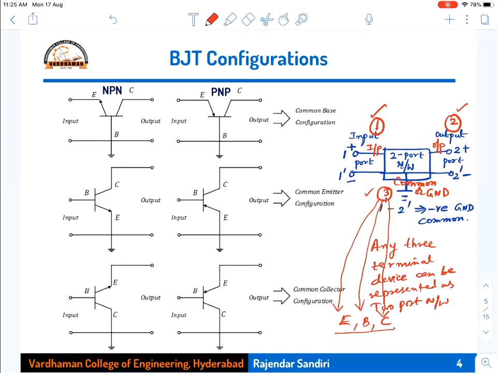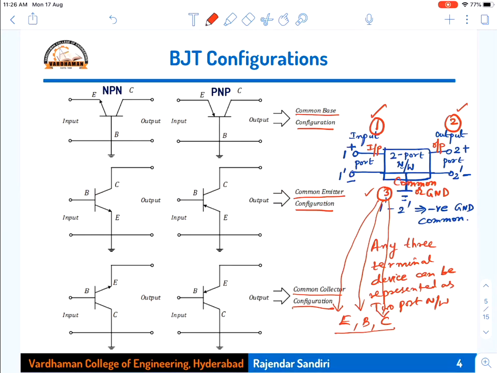So I can choose base as common. Therefore, you will get the first one, the common base configuration. If I choose emitter as common, I'll get common emitter configuration. If I choose collector as common, I'll get common collector configuration.